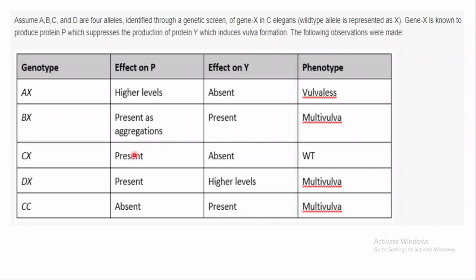CX, effect on P is present, effect on Y is absent, and phenotype is wild type. DX, effect on P is present, effect on Y is higher levels, phenotype is multivulva, and CC, effect on P is absent, effect on Y is present, and the phenotype is multivulva.